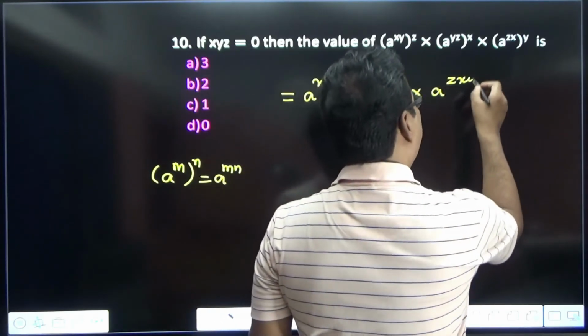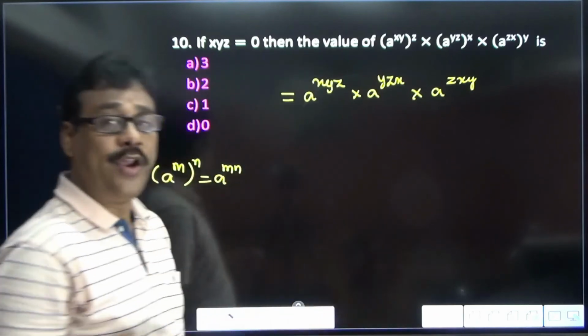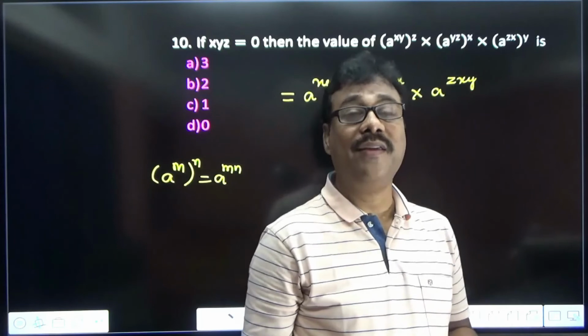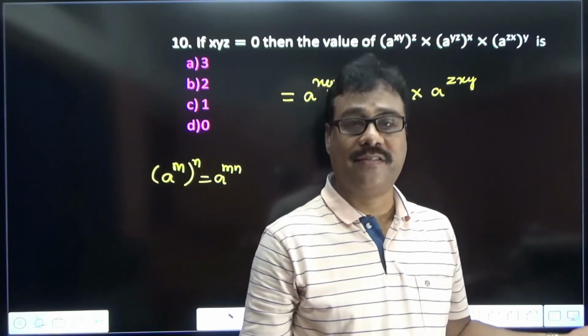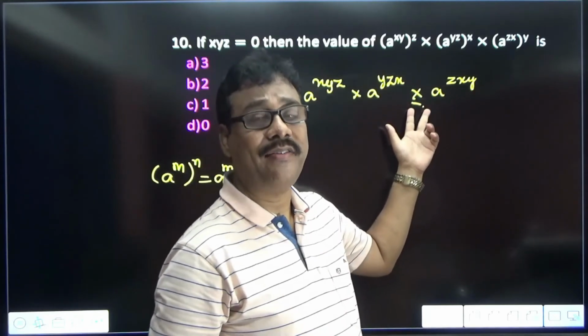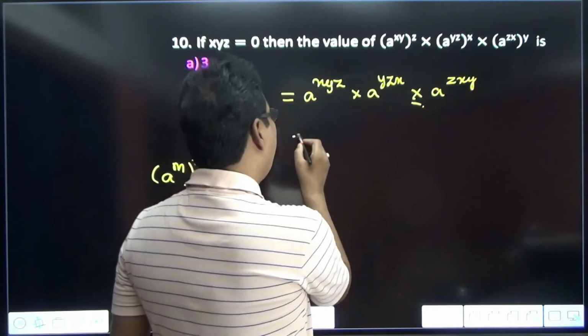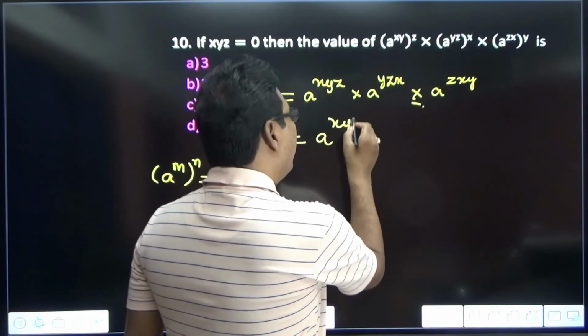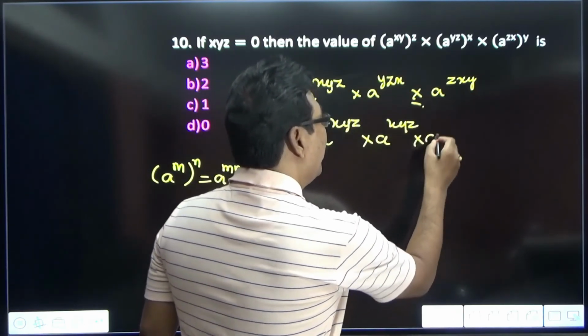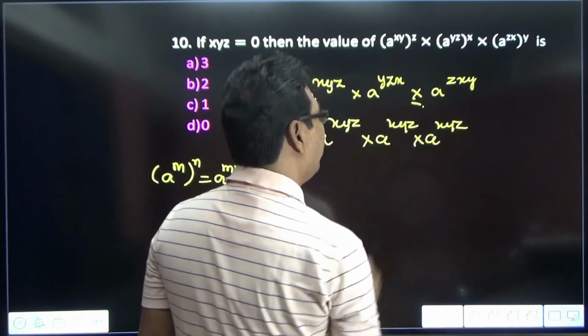And I know actually xyz is the same as xzy is the same as zxy, etc. So all these things can be written as xyz. So what can I write? A to the power xyz into a to the power xyz into a to the power xyz.